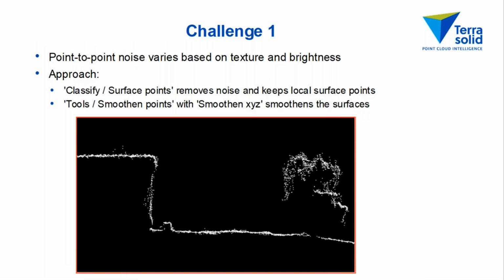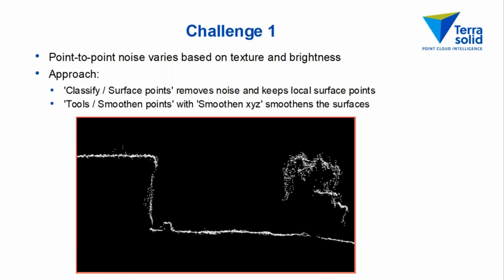To solve it, we will run one macro which contains classification of surface points and then smoothing points. First one classifies surface points, removes noise, and keeps just the local surface points.